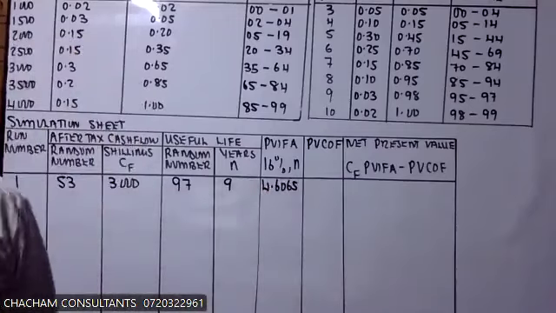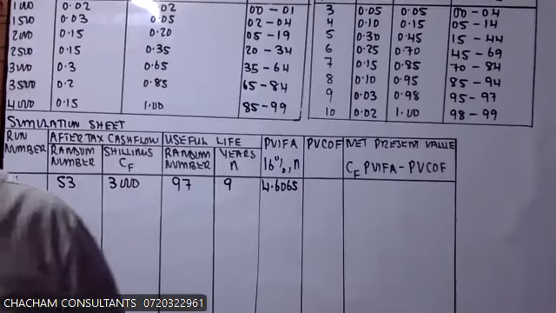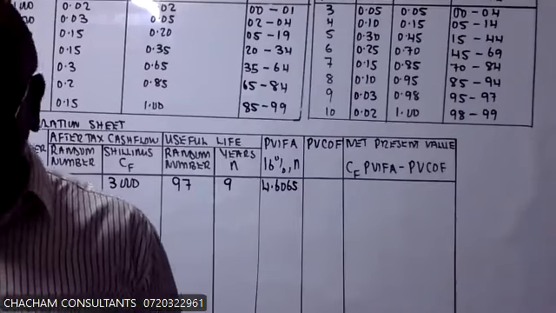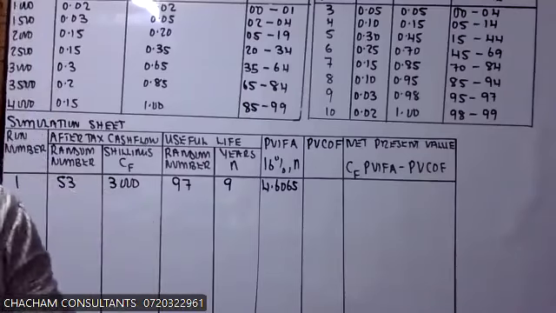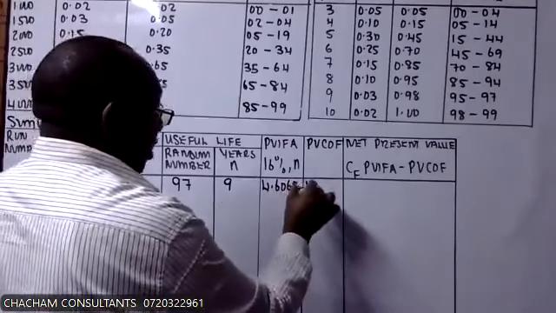The present value of the outflow: this project is going to cost 13 million. So if it is 13 million, you write 13,000.